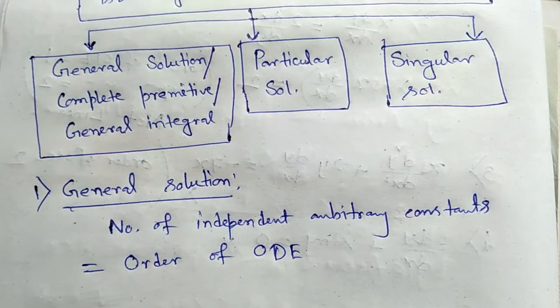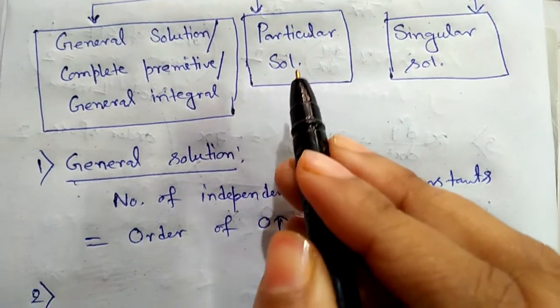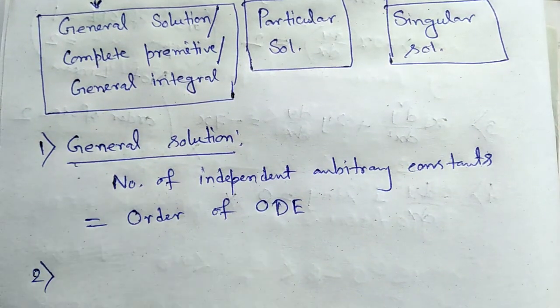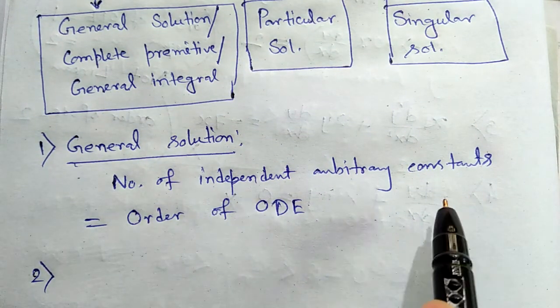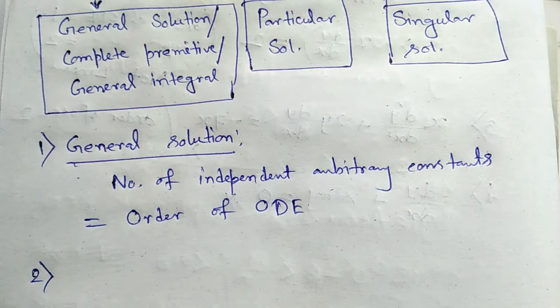Now coming to the second one, particular solution. If we put a specific value of the arbitrary constants, then we get a particular solution.